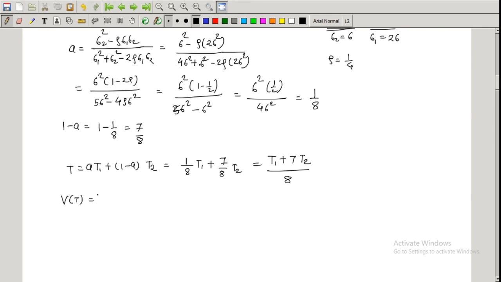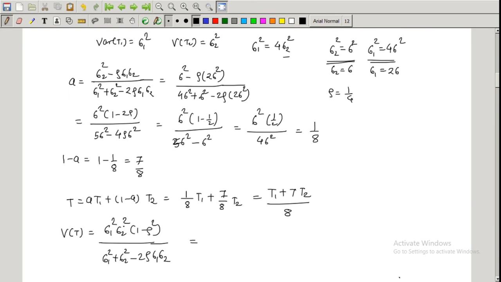variance of T has the formula sigma 1 square sigma 2 square into 1 minus rho square divided by sigma 1 square plus sigma 2 square minus 2 times rho sigma 1 sigma 2, which is equal to, sigma 1 square I replace by 4 sigma square, and sigma 2 square I replace by sigma square, into 1 minus rho square, rho is 1 by 4, so 1 minus 1 by 16, divided by sigma 1 square replaced by 4 sigma square, sigma 2 square is what?